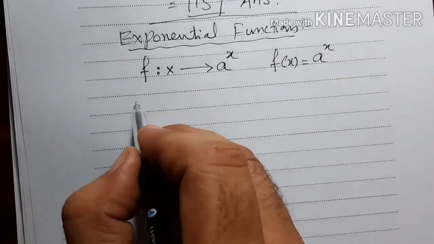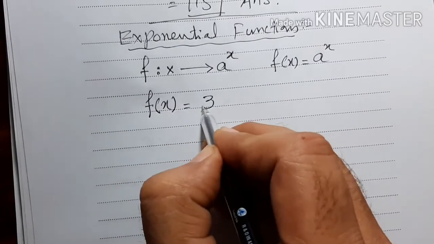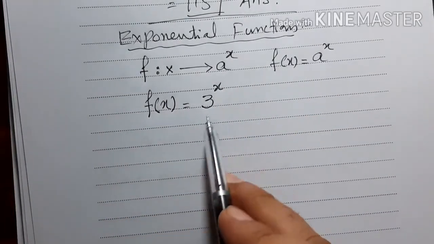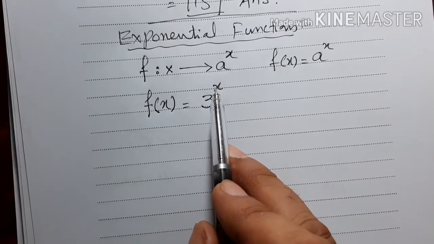For example, we got a function 3 raised to power x. This is called an exponential function because your main variable is at the place of exponent.